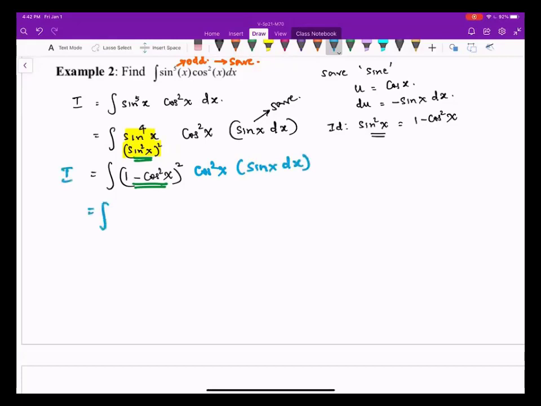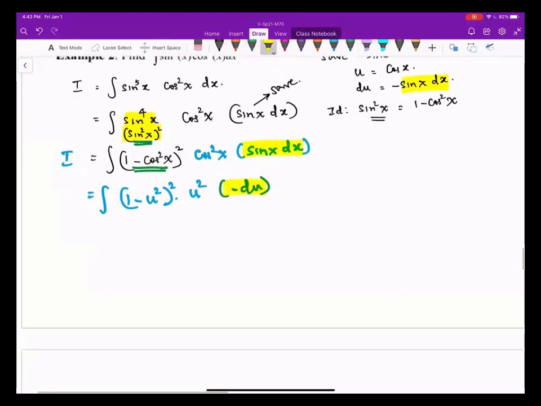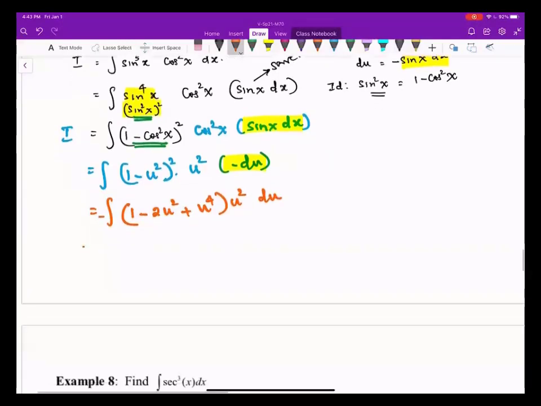Now let's apply u. So it is 1 minus u square, the whole square. Cosine square is u square, and sine x dx is negative du. Now we can expand this, which is 1 minus 2u squared plus u to the power 4, times u squared, with a negative sign out, du, which will be negative integral.